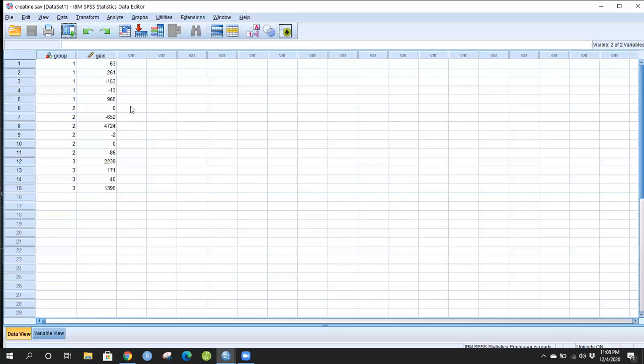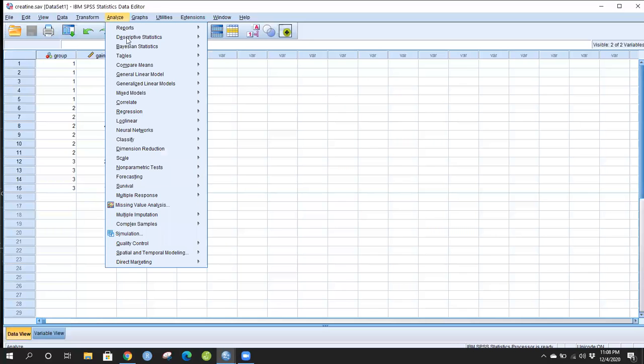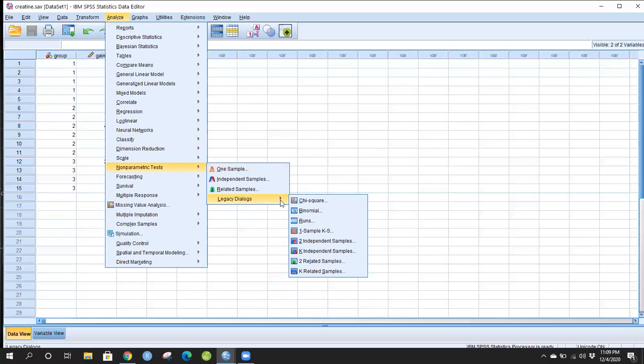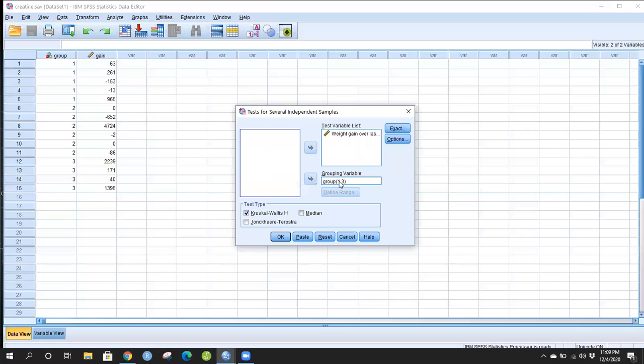To do this test, we go to Analyze, Non-Parametric Tests, Legacy Dialogs. Since we're talking about groups, and one assumption is that the groups are independent, we choose K Independent Samples. In the test variable, you pass the continuous dependent variable whose mean you have to evaluate across groups, that is the weight gain over the last month. The grouping variable is treatment group.